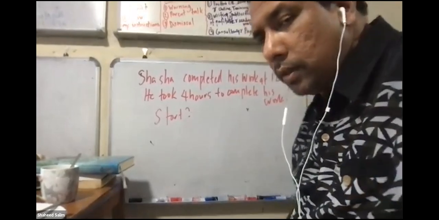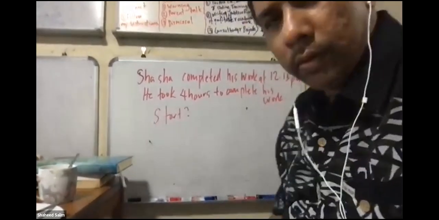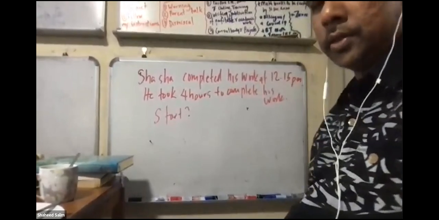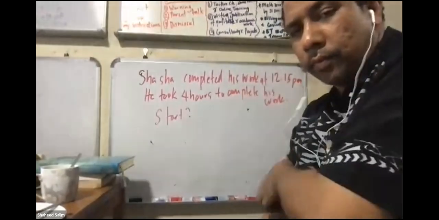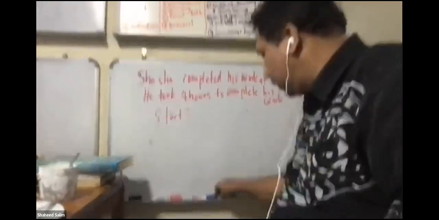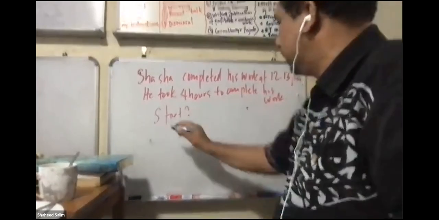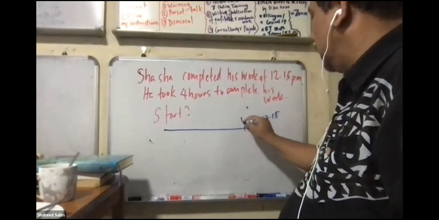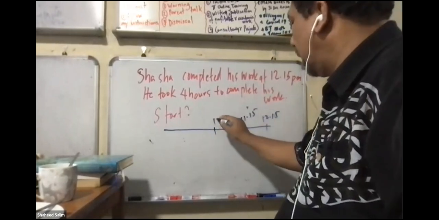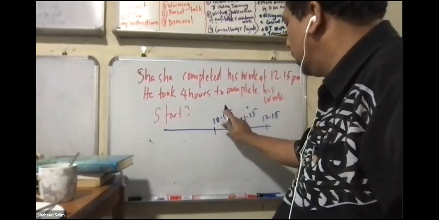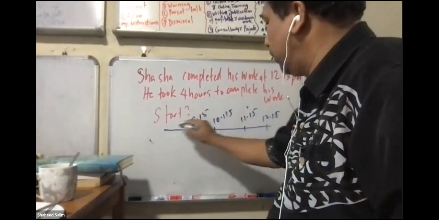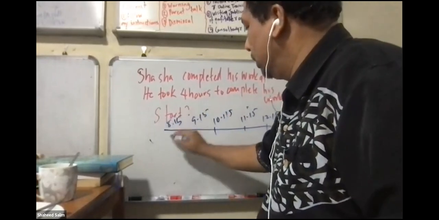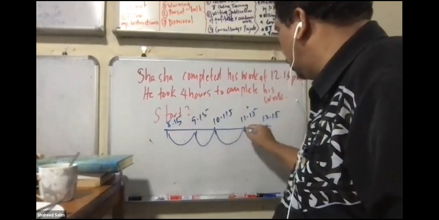Akil says 8:15. Is he correct? Okay, so this is a simple one. Down here 12:15. You go back 4 hours. 11:15, 10:15, 9:15, 8:15. Good. So it's 1, 2, 3, 4.